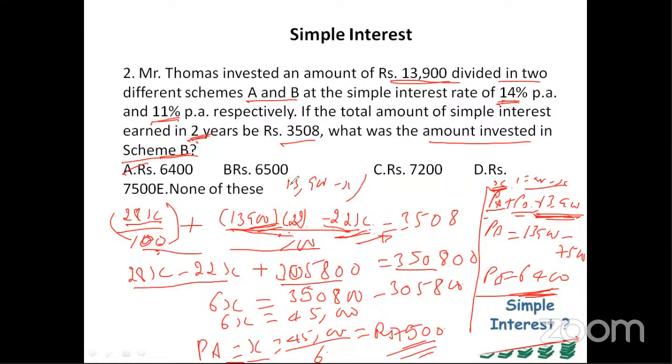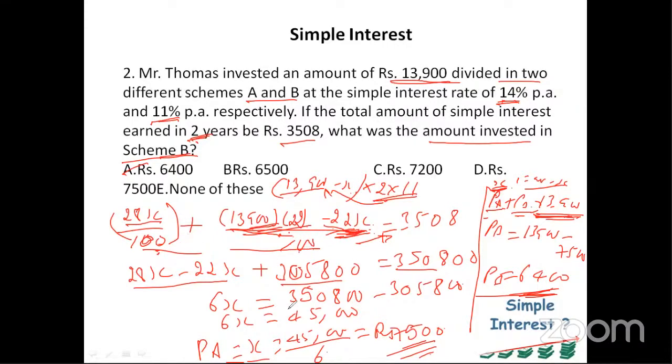13,900 minus X is the principal for the second one into TR. T means time, 2, rate means 11. So 11 into 2, 22. First we multiply 13,900 by 22, that I have written here, minus X into 22. So 22 into X, 22X it becomes, divided by 100.